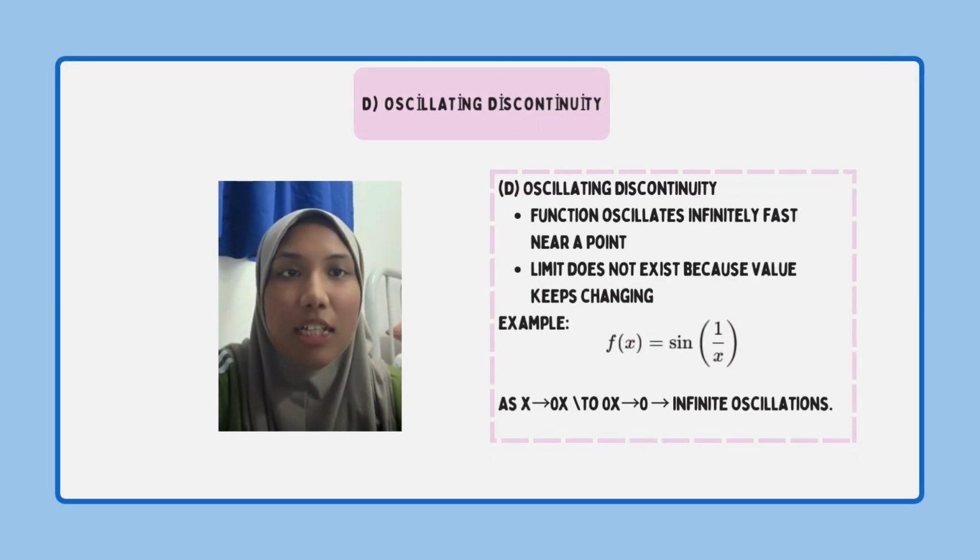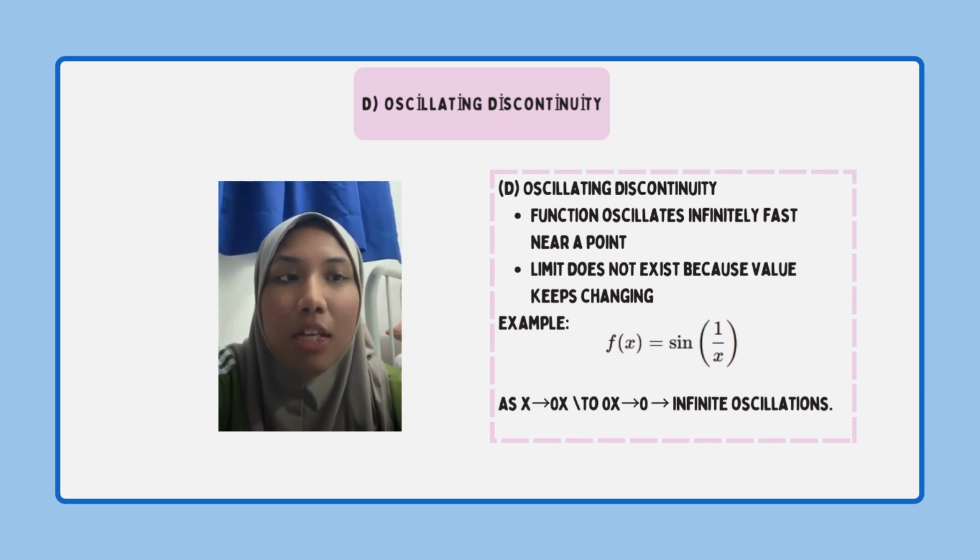Lastly, the oscillating discontinuity. The function oscillates infinitely fast near a point. The limit does not exist because the value keeps changing. So, as x approaches 0, there can be infinite oscillations.